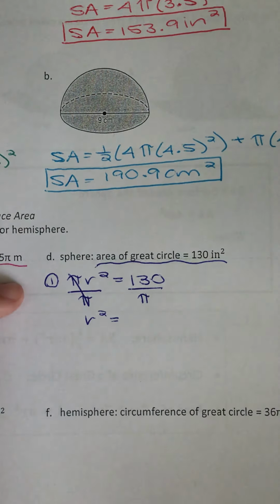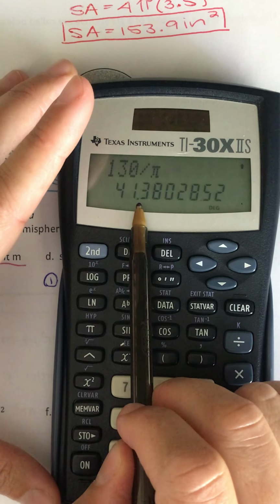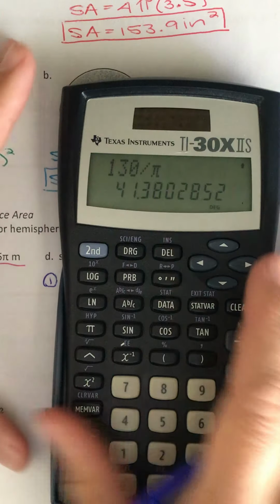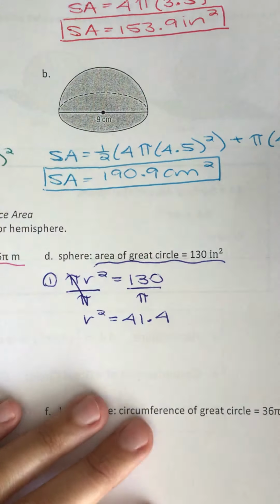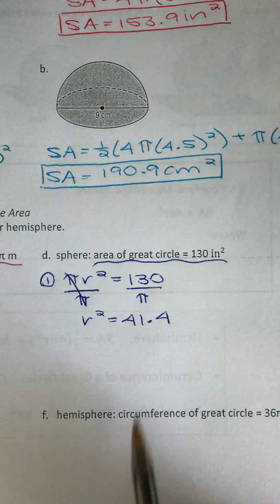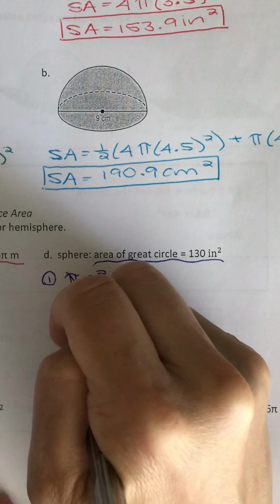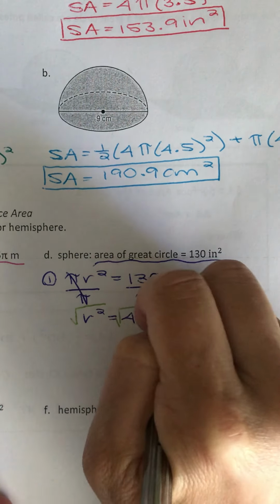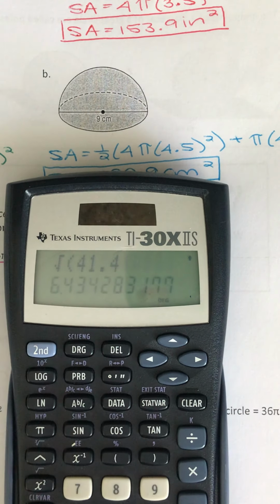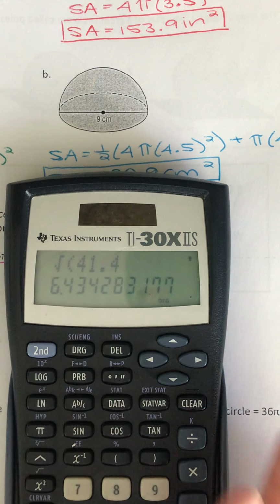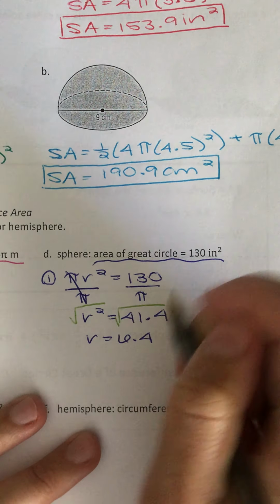So I have r squared equals 130 divided by pi, which is 41 point, we'll round that to 41.4. So I don't have r yet. I have to find r by itself. So I'm going to take the square root of both sides. So I'm going to take the square root of 41.4. 6.4, that is my r.